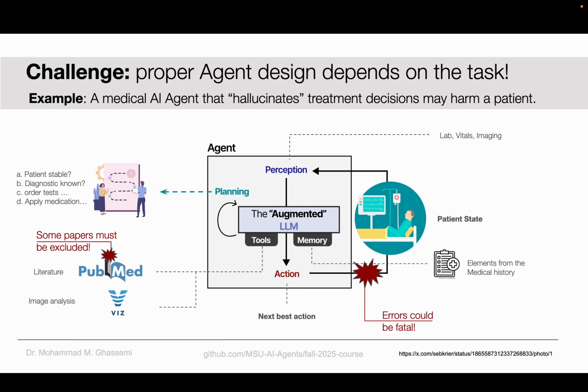That happens, right? If you've used an LLM, sometimes they lie, sometimes they err. And what you would not like to happen is for an action in the context of a patient being taken care of to be wrong, because that error could be fatal. You could really harm someone if you make this mistake.